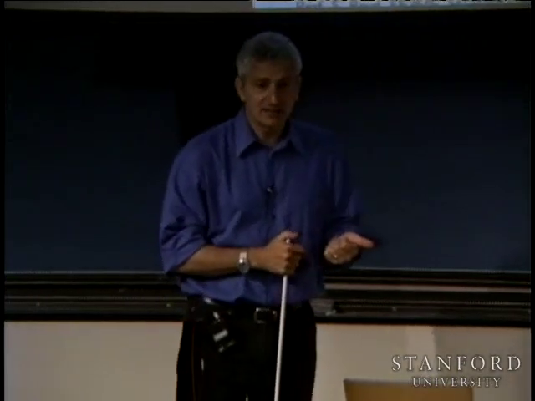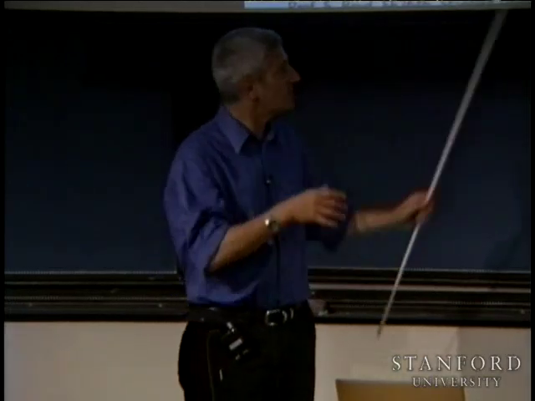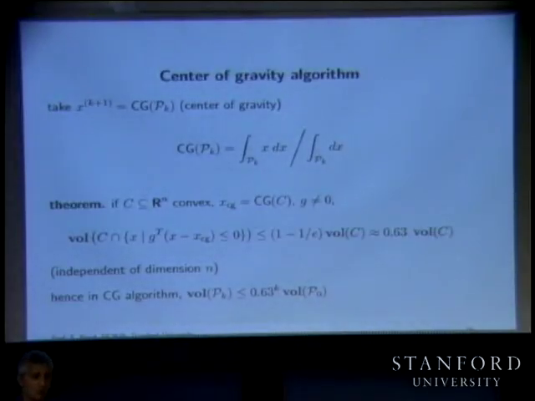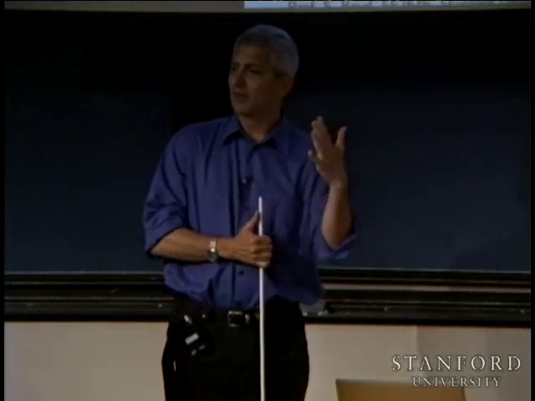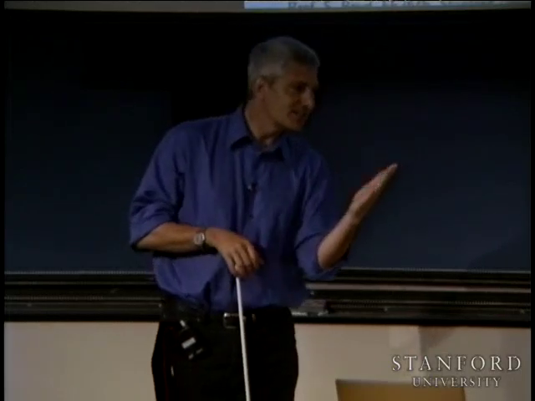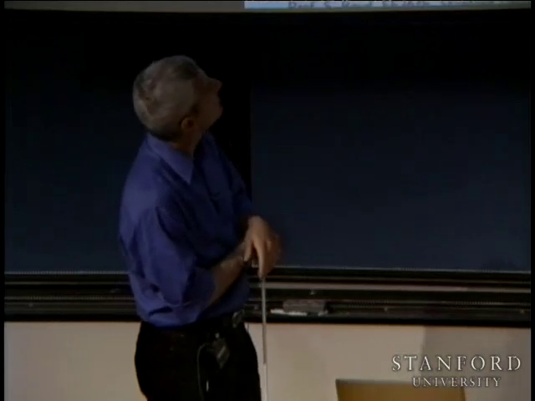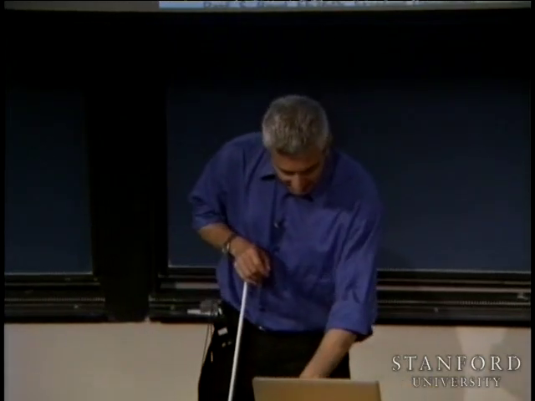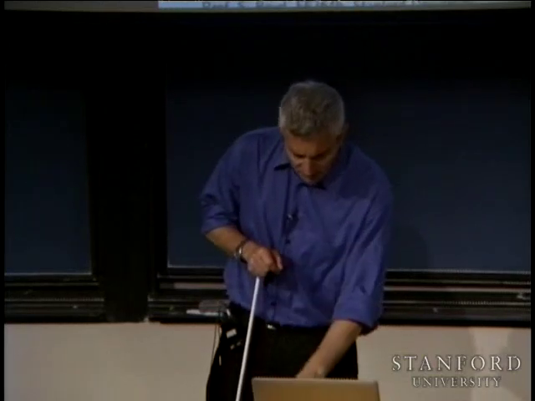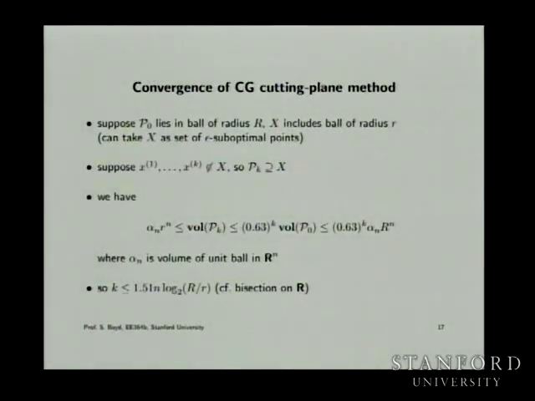If you have a deep cut, it goes down by more. And of course, 0.63 is the factor for the absolute worst possible hyperplane at each step, and typically it is much less. So that's that. We looked at the convergence and looked through various things.